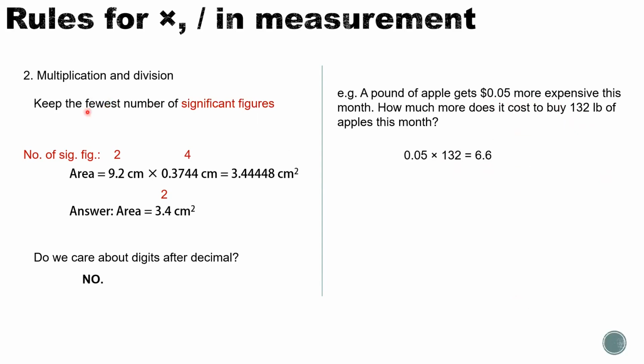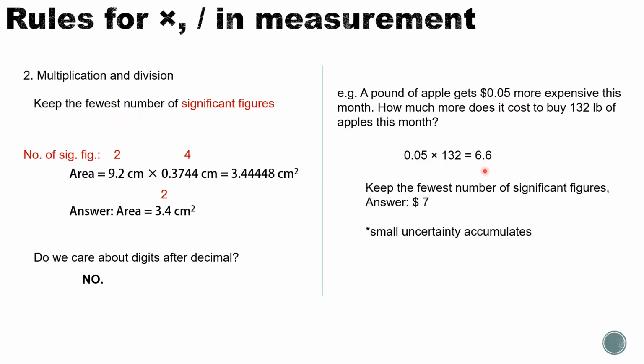According to the rules, we need to keep the fewest number of significant figures. So 0.05 has one significant figure, 132 has 3. So for the final answer, we need to keep one significant figure, round it off to be 7.